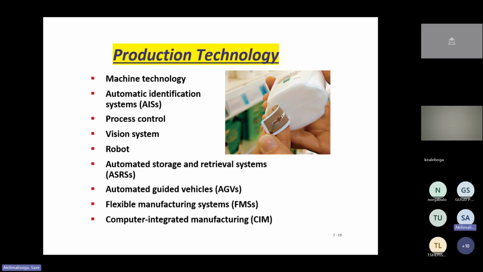So I have some videos there that I would like us to watch a little bit, especially when we reach that level. Flexible manufacturing systems and computer integrated manufacturing will be your own reading. So you're going to read about those two concepts.